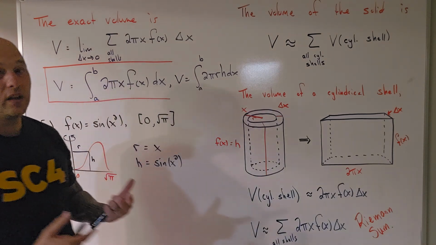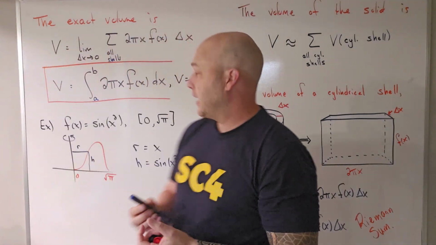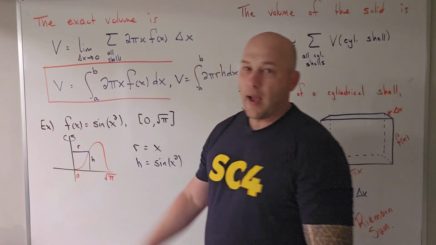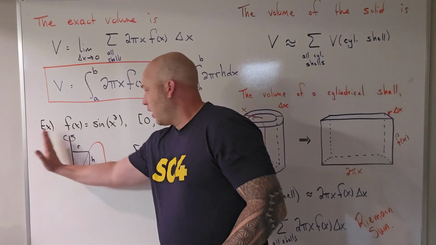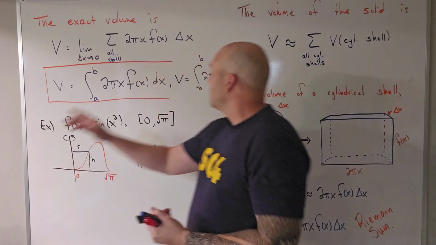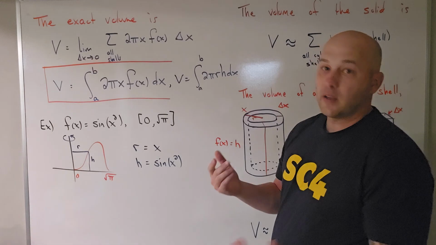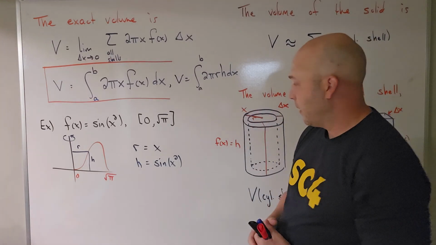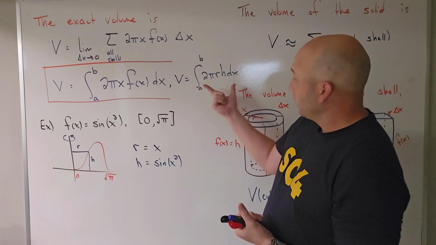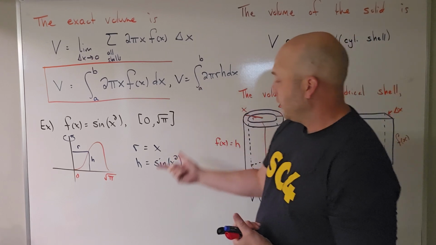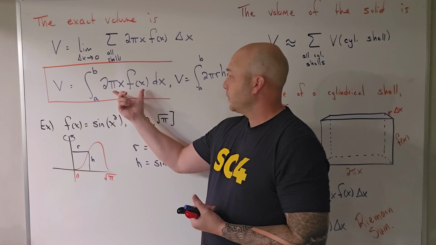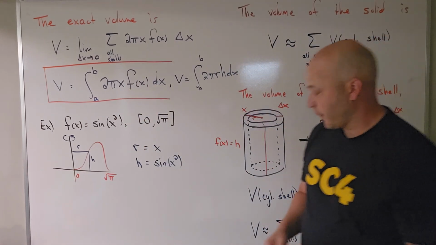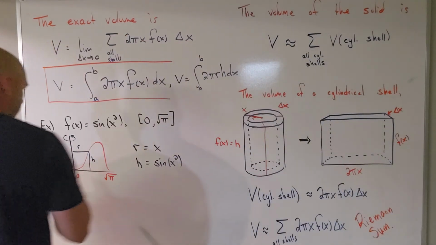In this current video, it will be, because again, I am rotating about the y-axis. If I was to rotate about a vertical line, then the radius would be something different. The height could be something different depending on how I orient my graph and what I'm rotating about. So just in general, this is your formula, but in this particular case, 2 pi x f of x is your integrand. Okay, let's go ahead and run through the computation then.